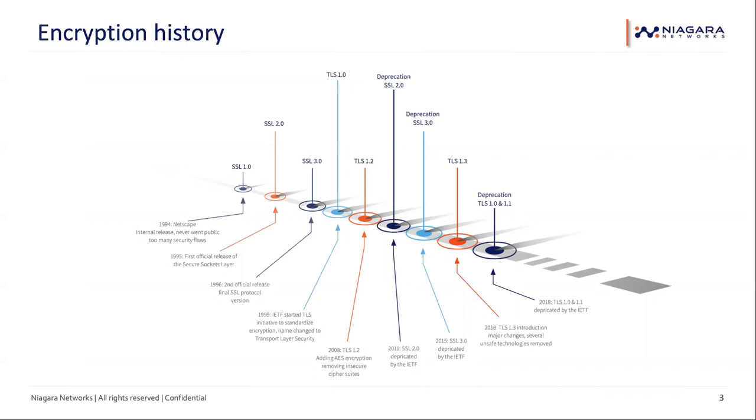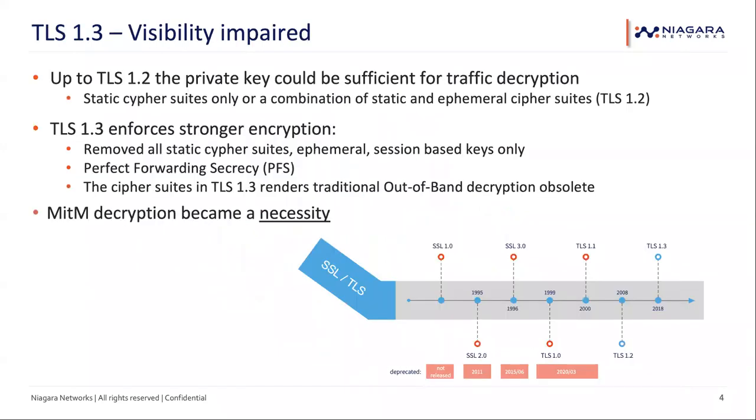I'm not going to go over all the years. Over the years, we saw TLS 1.0, 1.1, 1.2, and currently we are at TLS 1.3, a very secure protocol. But with TLS 1.3, it became harder to decrypt the traffic.